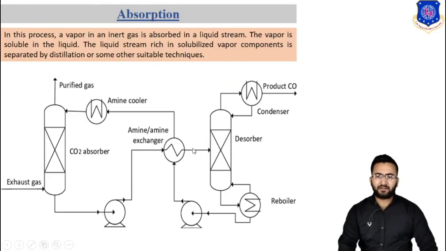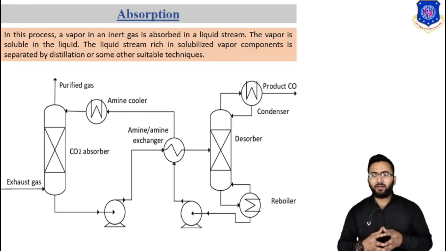Now let's discuss the absorption technique. In this process, a vapor or inert gas is absorbed in a liquid stream. This vapor is soluble in the liquid. The liquid stream rich in the solubilized vapor component is separated by distillation or some suitable technique. The liquid can be recovered and reused in the process itself.